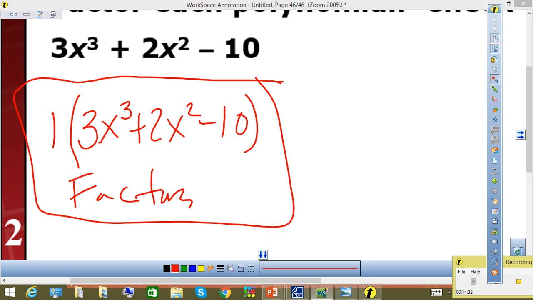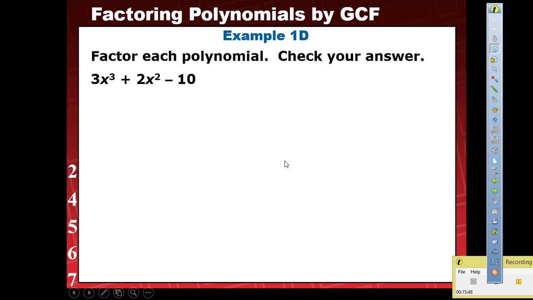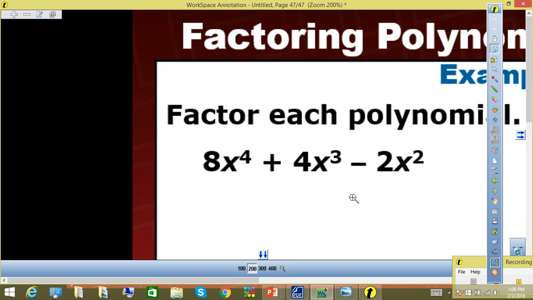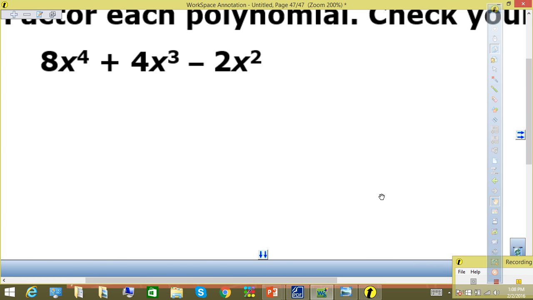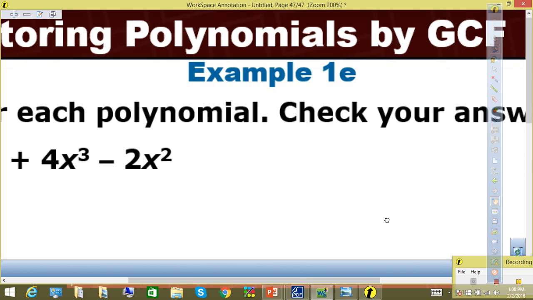All right. Continue. Example 1E. Go ahead, copy this one. Hurry up. 8x to the 4th plus 4x cubed minus 2x squared. Find me the factors. Example 1E.